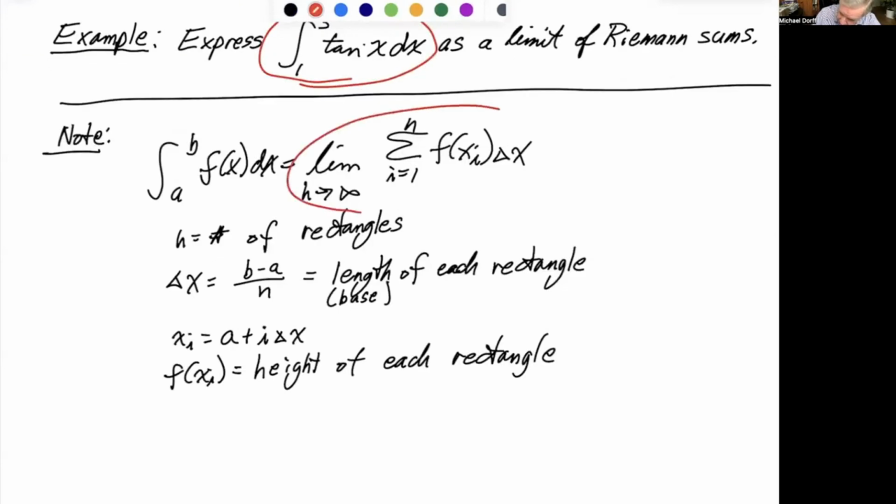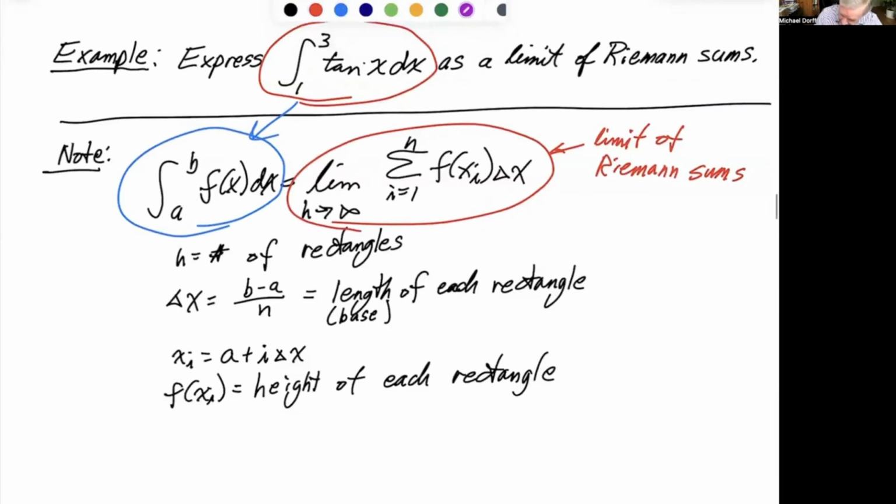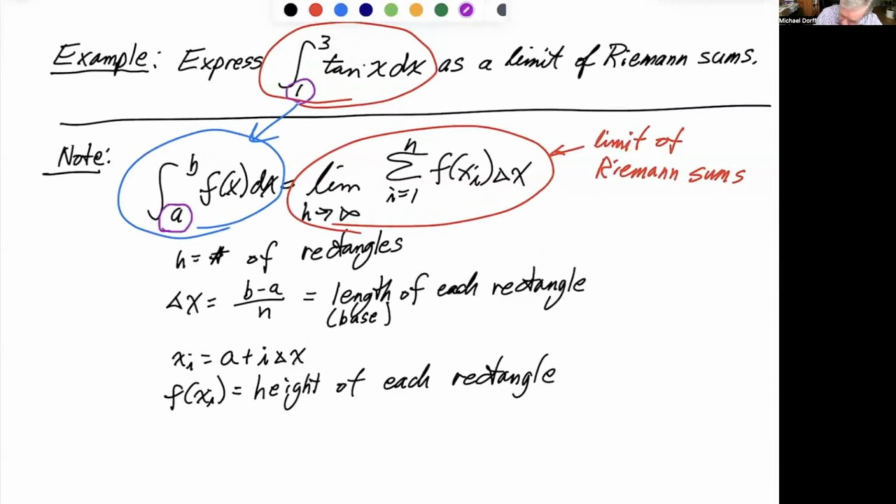This is known as the limit of Riemann sums. This is what we want to get. So we have our integral on the left, and we want to write it in this form. Okay, so how can I do that? Well, I look at this. What am I given? I first have that a is 1.